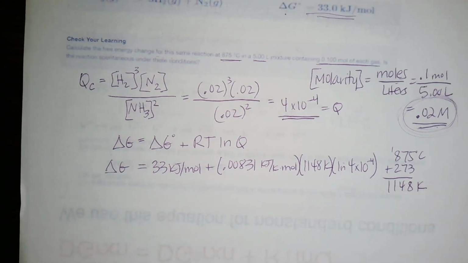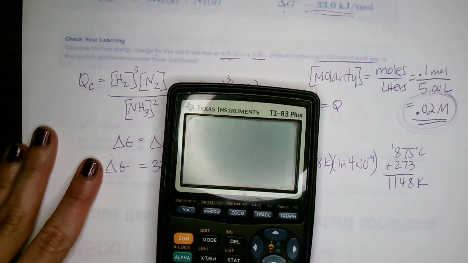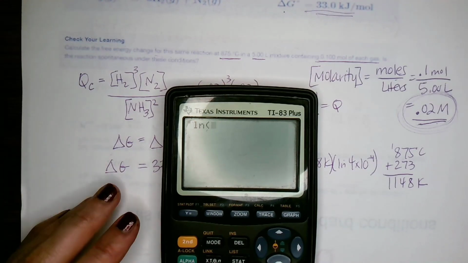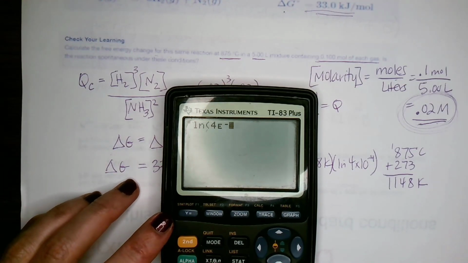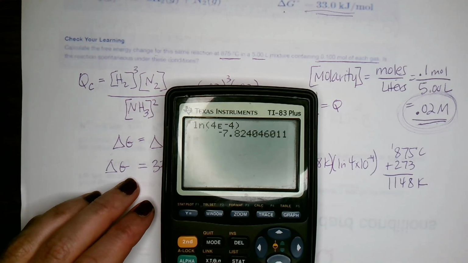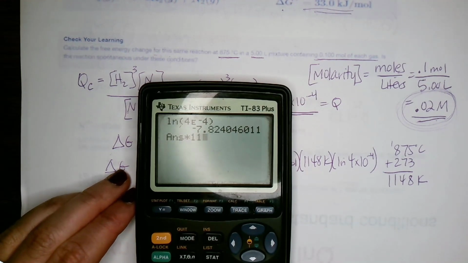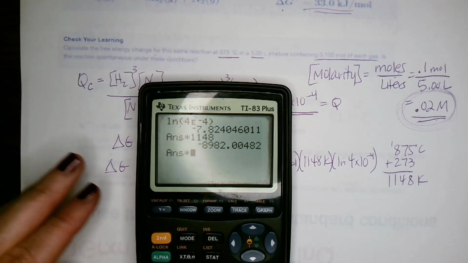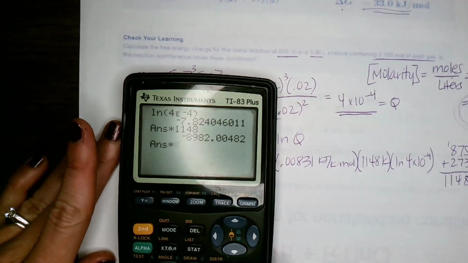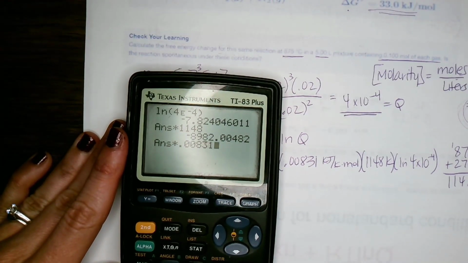Okay, let's do our calculator work. Let's do the natural log of 4 times 10 to the negative 4th, times that by 1148, times that by 0.00831.